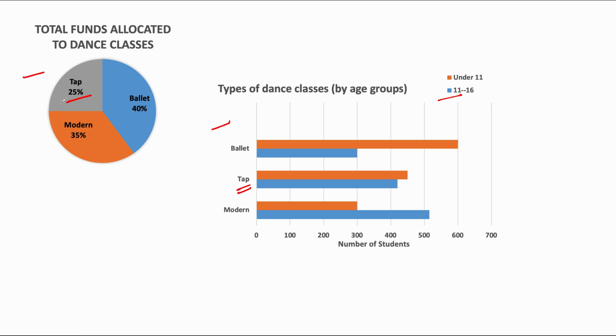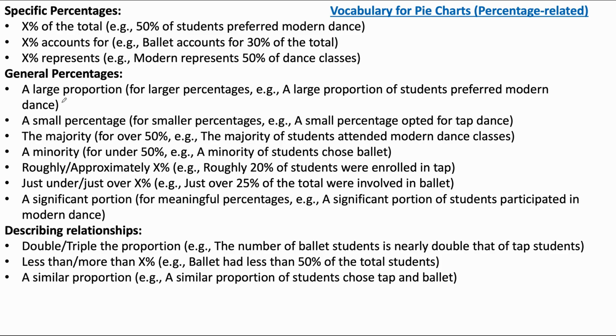Coming back to our question now, let's look at some vocabulary which can help us write about pie charts. For pie charts, we need percentage related vocabulary. So phrases like large proportion, the majority of, a significant portion can help us write about percentages.